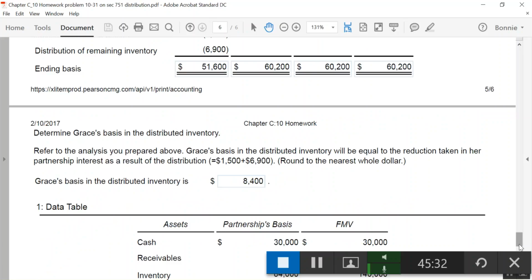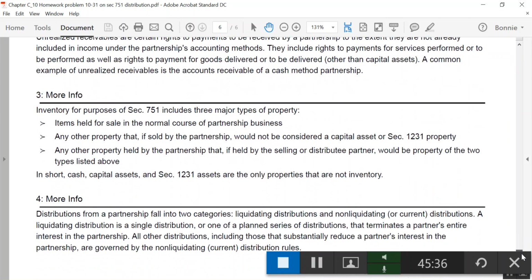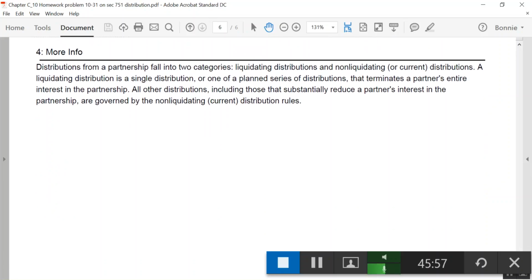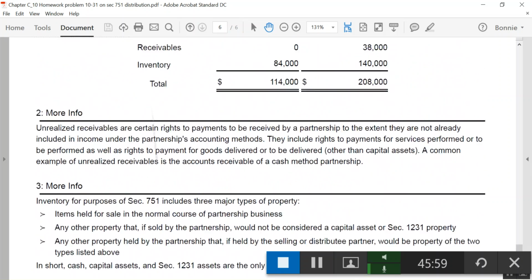It also talks about the three major types of inventory that are deemed to be 751 assets. And then it also talks about how distributions from a partnership fall into two major categories, liquidating and non-liquidating, and what that means. So they're just trying to give you some more examples here.